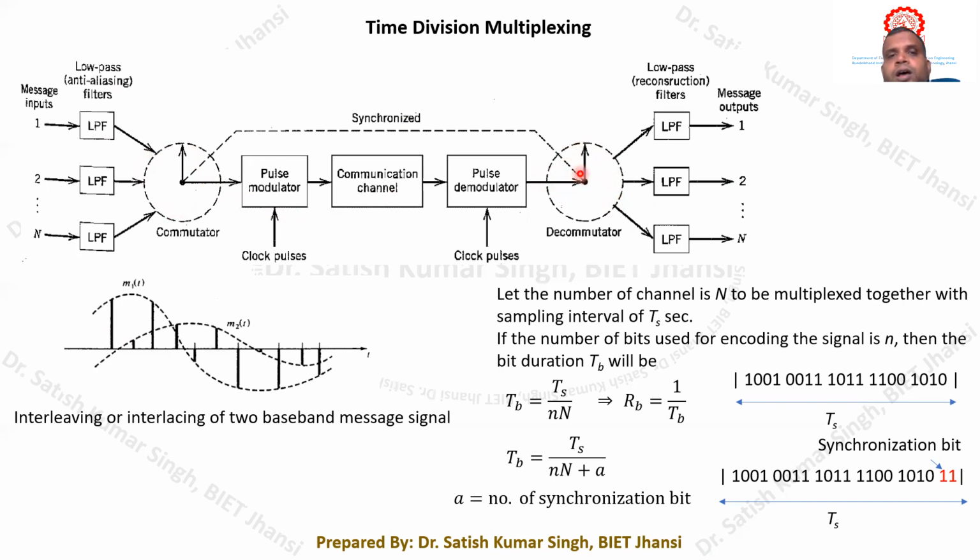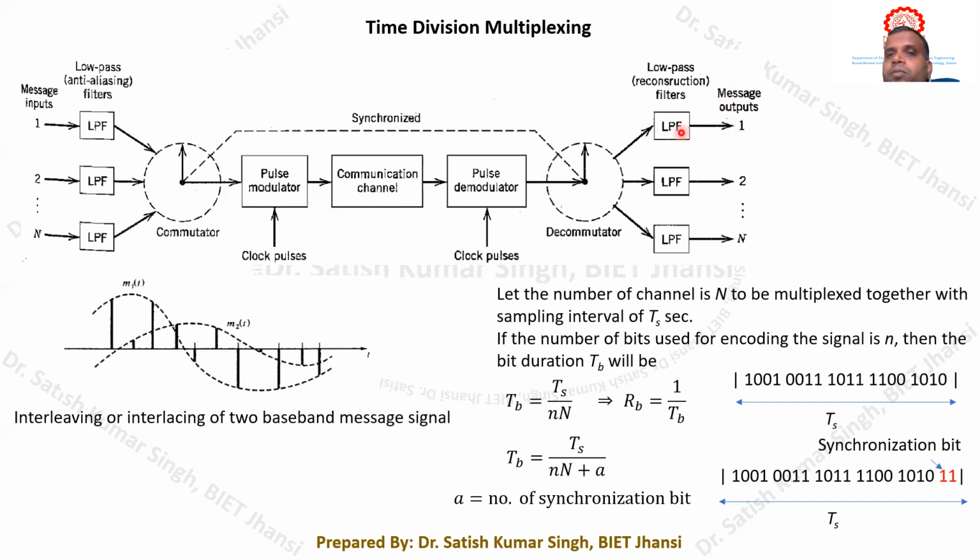These two switches should be in synchronism, so that the switches know at what point of time which particular sample has to be sent to which particular output. For example, once we have sent sample number 1 from the first message M1, when it is transmitted through the transmitter, the decommutator should know that this signal has to be sent to output pin number 1.